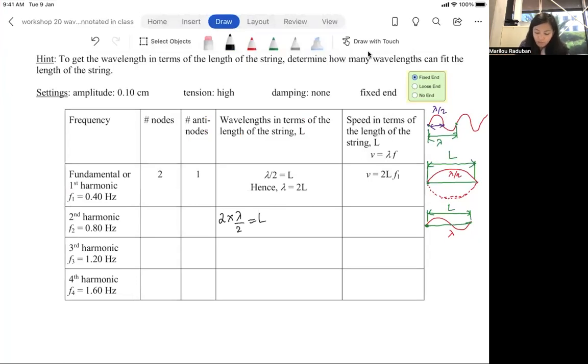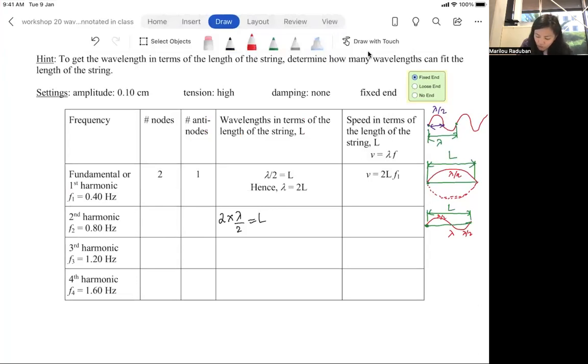So within the length of the string L, you have 2 half wavelengths. This is lambda over 2, and the other half is lambda over 2. So you have 2 half wavelengths or 1 wavelength. You'll see why I'm writing that in terms of multiples of half a wavelength later on.